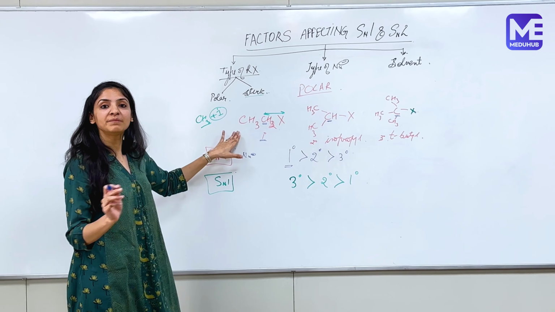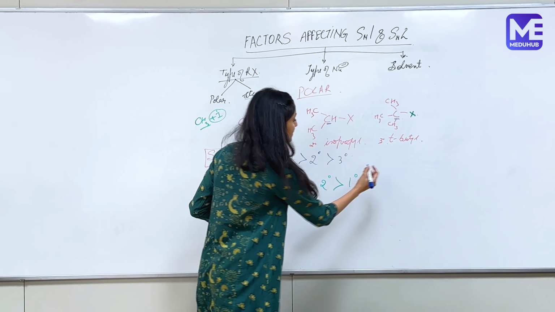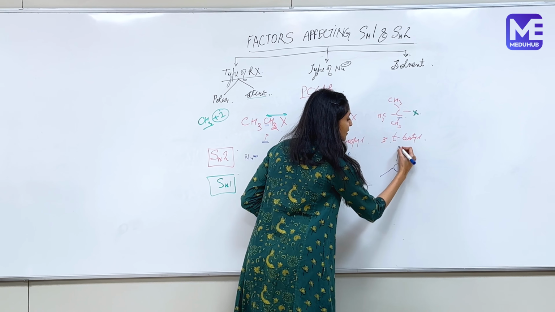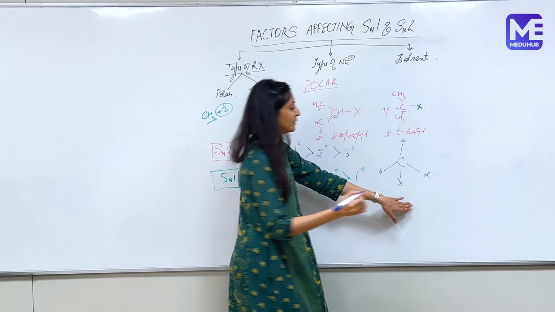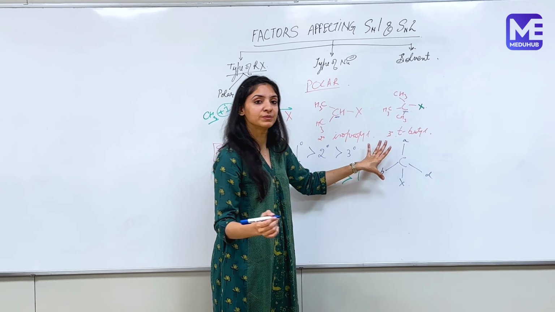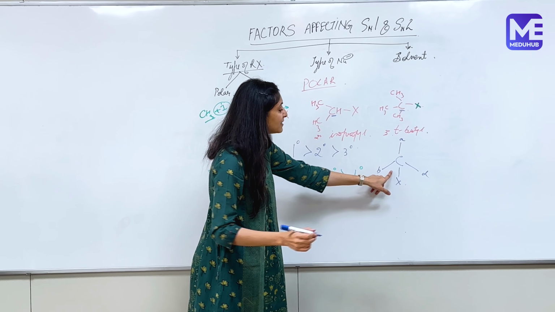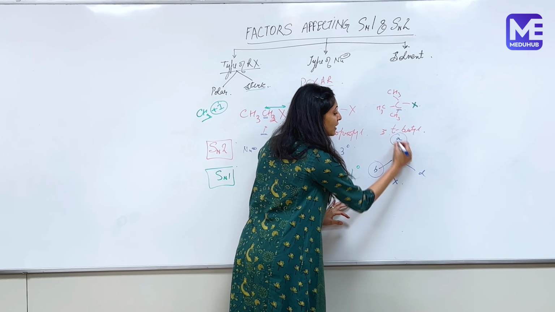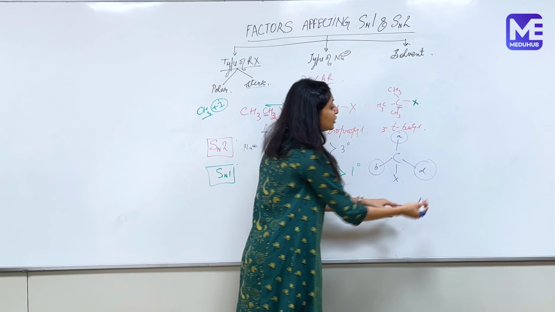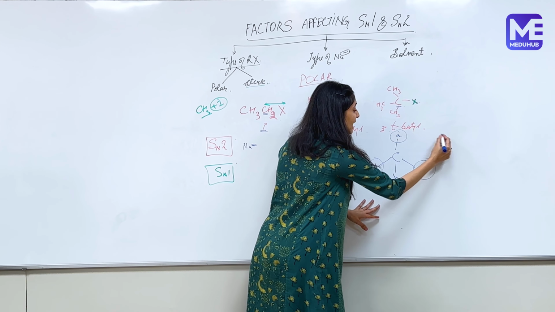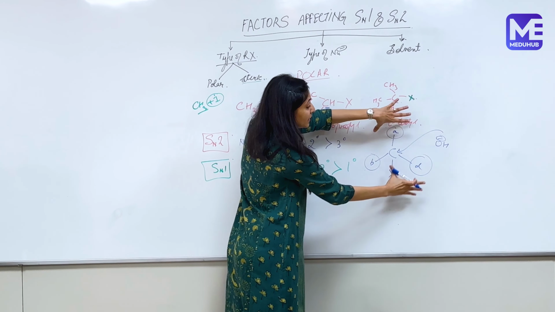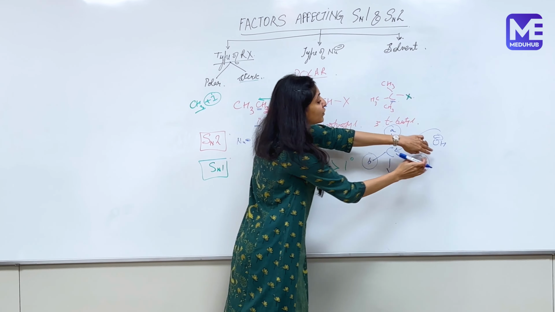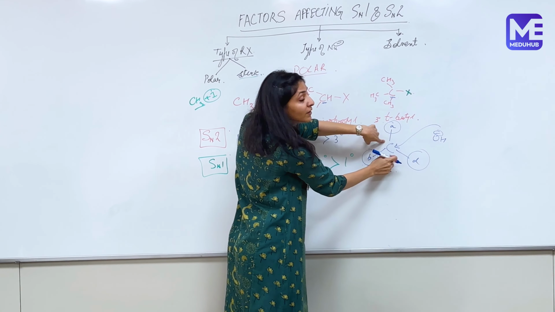Let's say there is a carbon with A, B, B, and a halogen group attached here. There are 4 groups attached. For an Sn2 mechanism, if these 3 groups are very bulky and the nucleophile has to attack this carbon, there's going to be a lot of crowding around this carbon which will resist the attack of this nucleophile on this carbon.